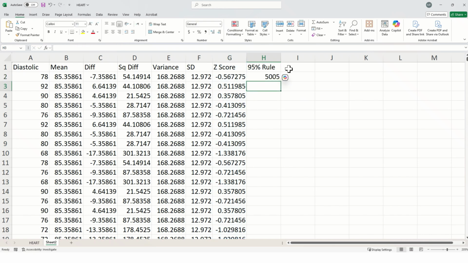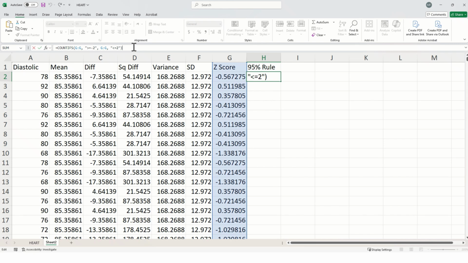Now we see that a lesser number of these values are between -2 and 2, that is, 2 standard deviations above or below the mean. Of 5,209 values, approximately 5,000 values are between -2 and 2, or 2 standard deviations above or below the mean.